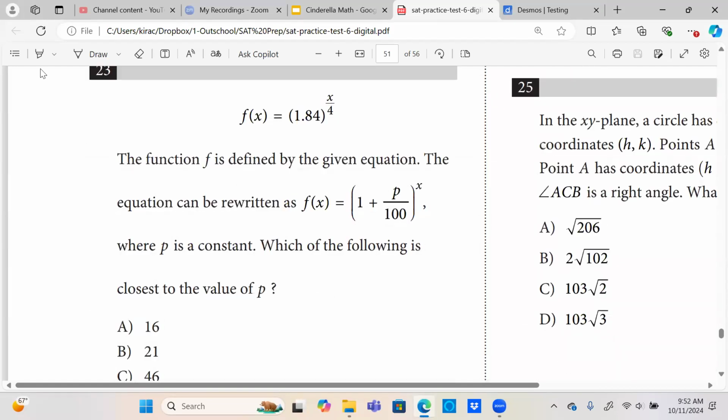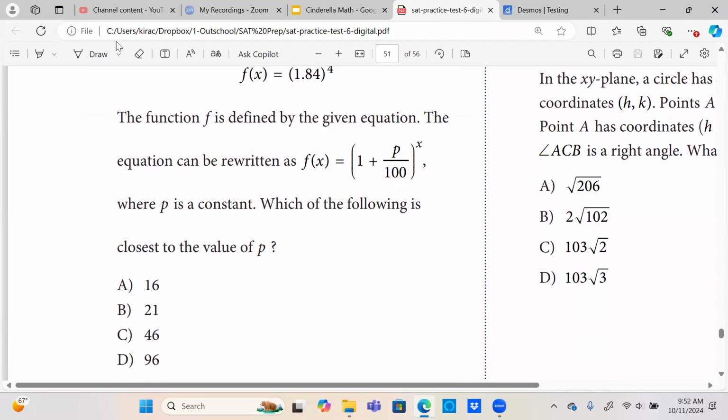And 23. We do have an exponential function here defined by the given equation on 23. Alrighty. The function can be rewritten where p is a constant. Which of the following is the closest value to p? All right.